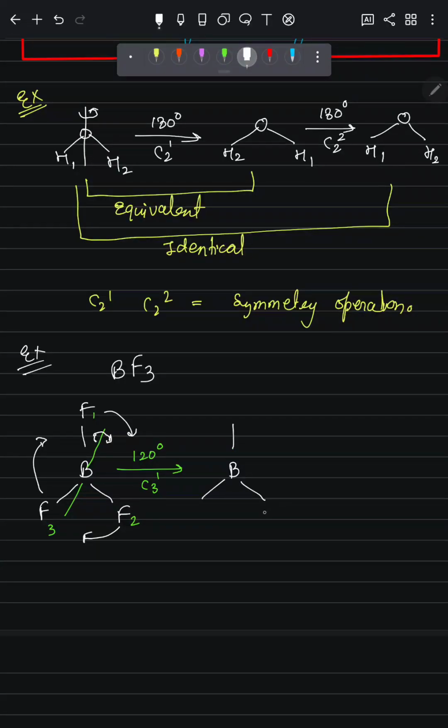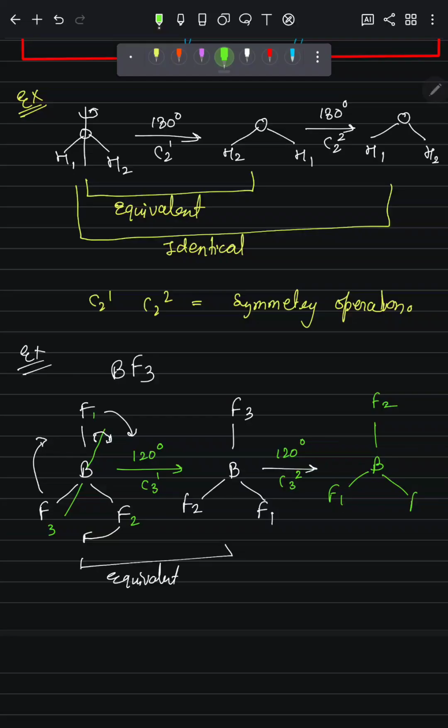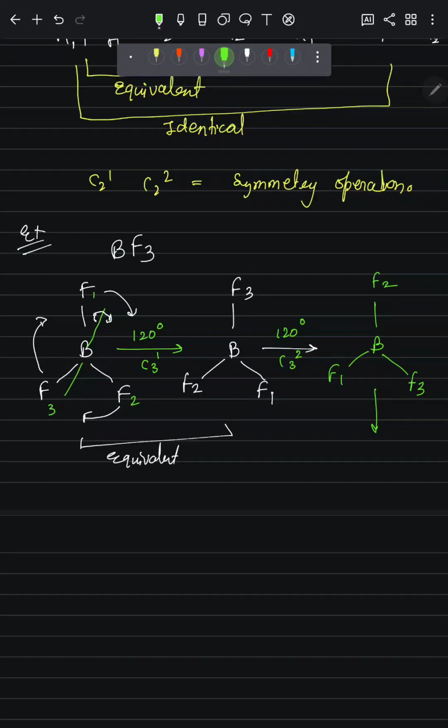The structure that we get is an equivalent one. We can do some more rotation from here: a 120 degree rotation, C3 2, and again F2 comes here, F1 here, and F3 here. And we can do one more rotation, C3 3, which is equal to identity.